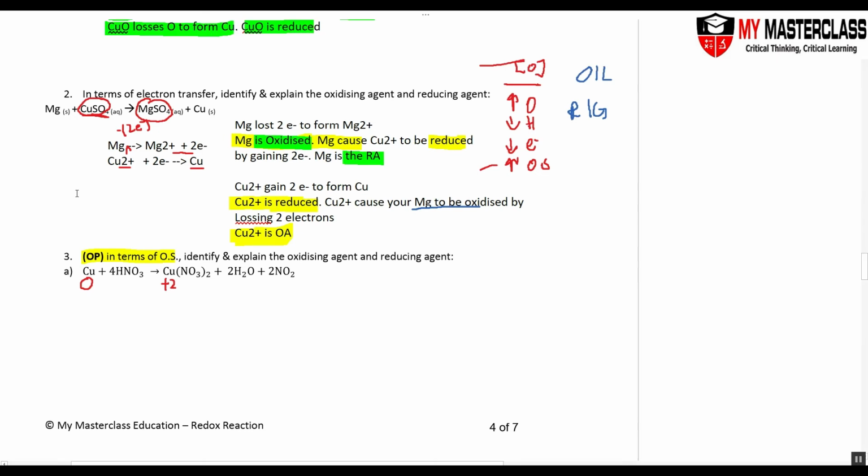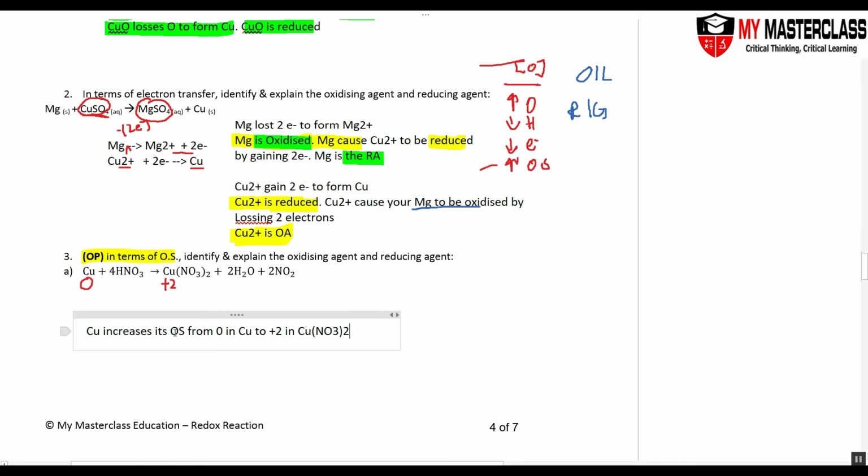Okay, let's write this one down first. So my copper, this is the element itself. So copper increases its oxidation state from 0 in Cu. This is the element that I'm talking about. This is the substance, in this case it's just the same copper. Increases from 0 in Cu to plus 2 in Cu(NO3)2.